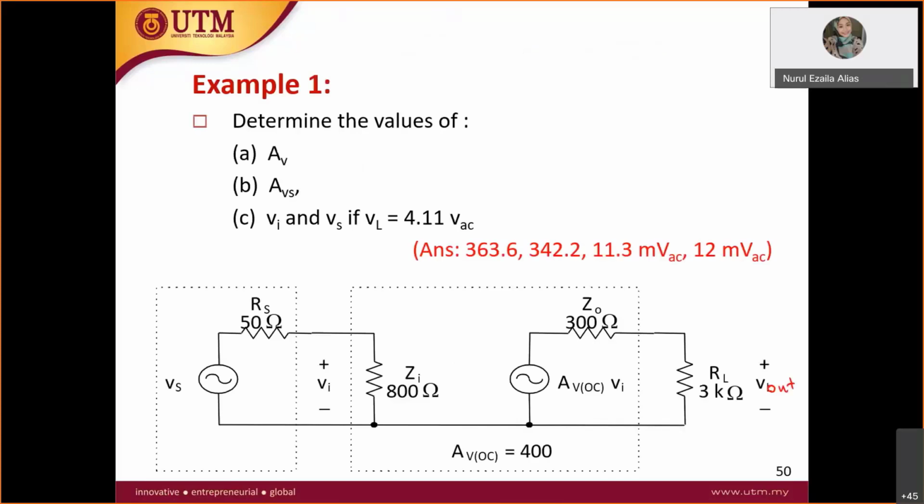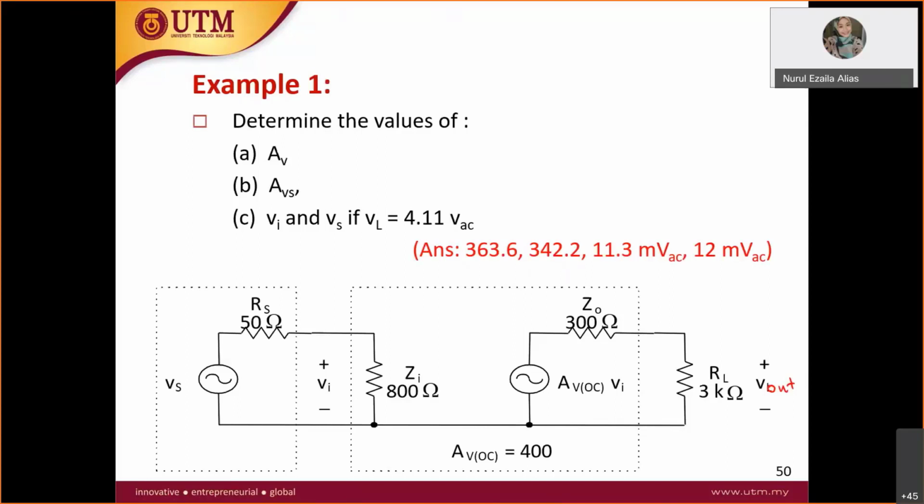Okay, now let's do it. So this is the question. What are you seeing on the screen now? A blank slide. Give me 1 second. Sorry. Now can you see the question? Yes. So determine the values of AV, AVS, V in, and so on. This is the circuit given.